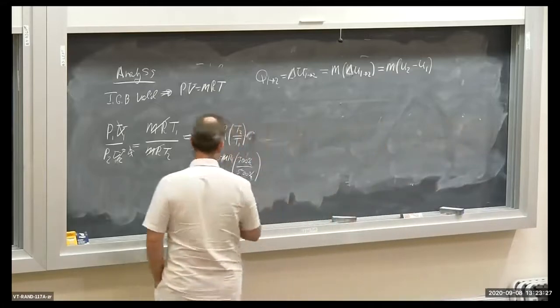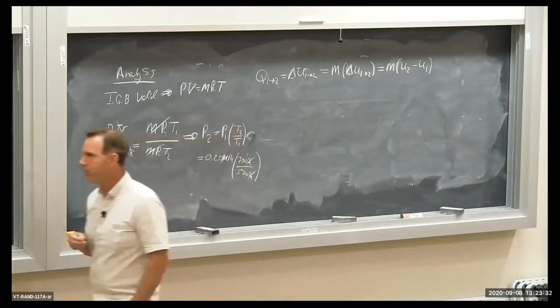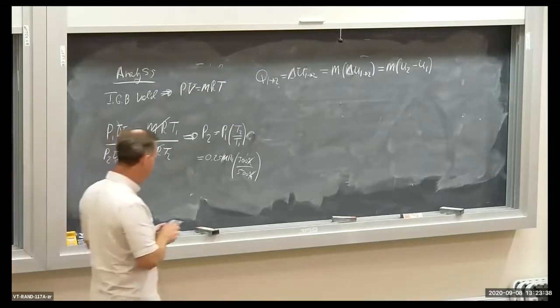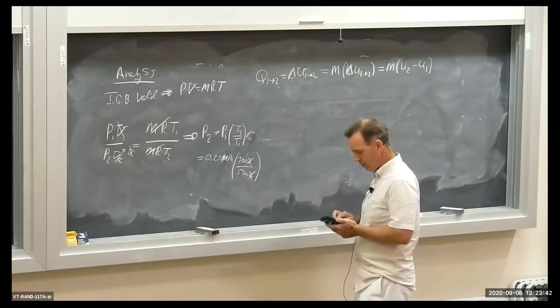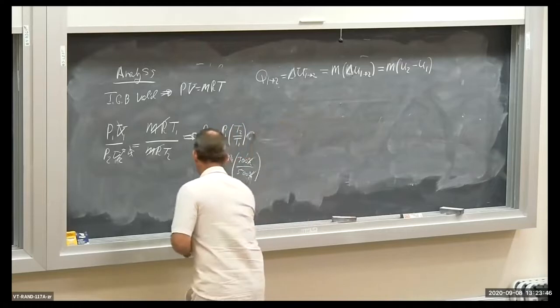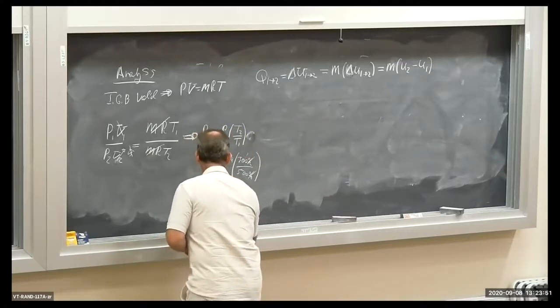Kelvins cancel out, and I get megapascals. So let me crank this out. 0.25 times 300 divided by 500, and I get 0.15 megapascals.